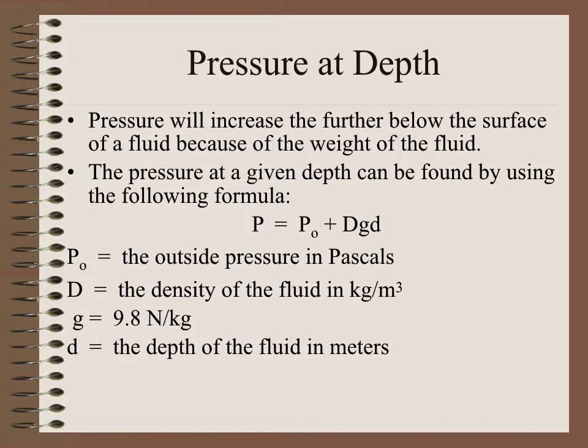Make sure to follow what the formula is telling you to do. One other thing to note, and you can also write this on your formula card, is that since most of the time the fluid that we're going to be under is water, you're going to want to know the density of water. Most problems will assume that you know that the density of water is 1,000 kilograms per cubic meter.